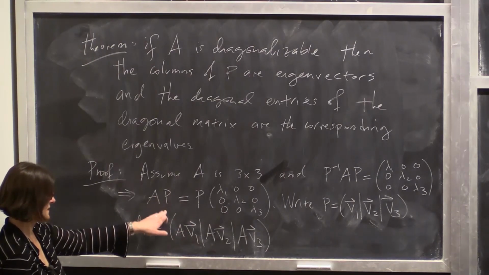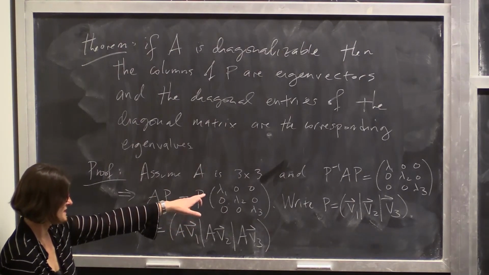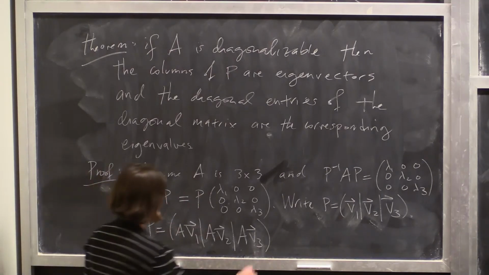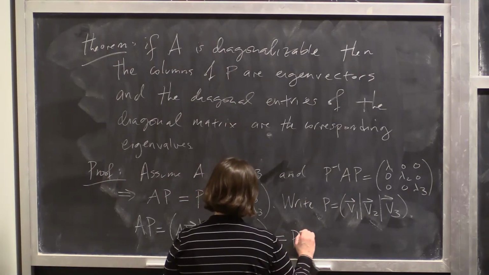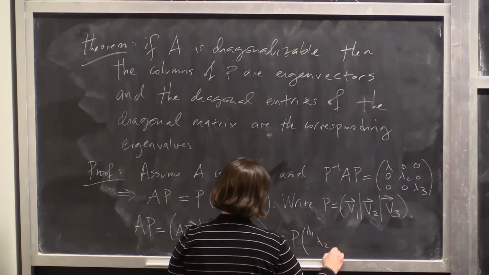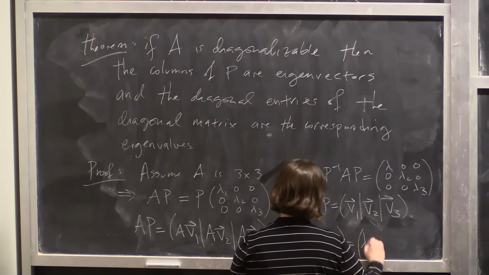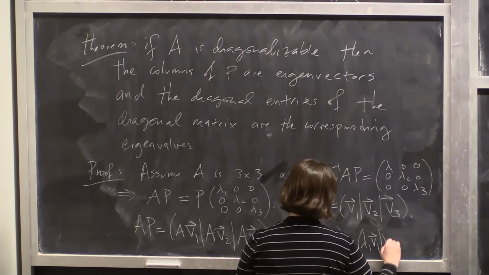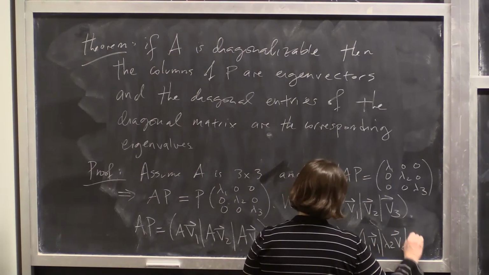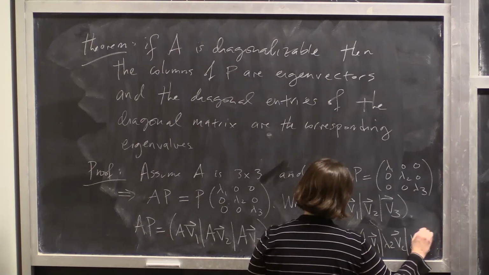That's just A times P. On the other hand, P times that diagonal matrix is the same thing as lambda 1 v1, lambda 2 v2, lambda 3 v3.